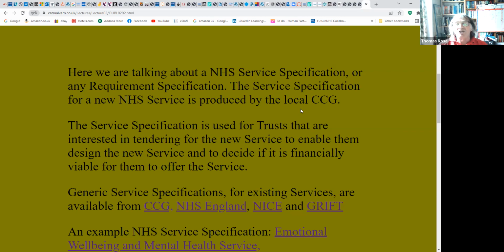And the service specification is used for trusts that are interested in tendering for a new service to enable them to design the new service and to decide if it's financially viable for them to offer the service. One of the things that's not happened in the past is services haven't been designed; they've just evolved.